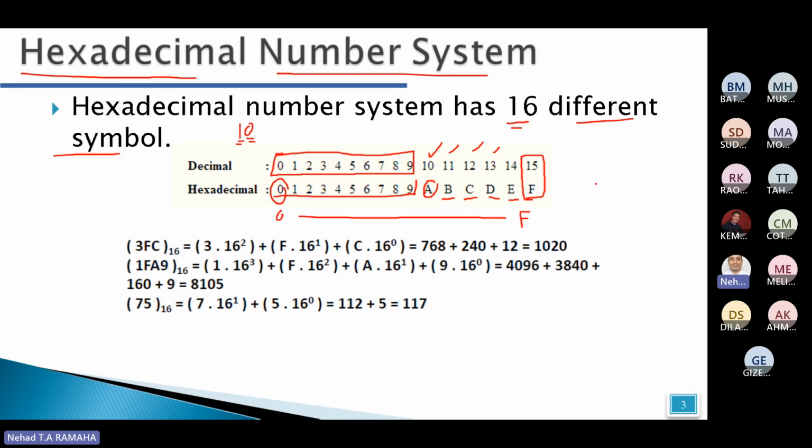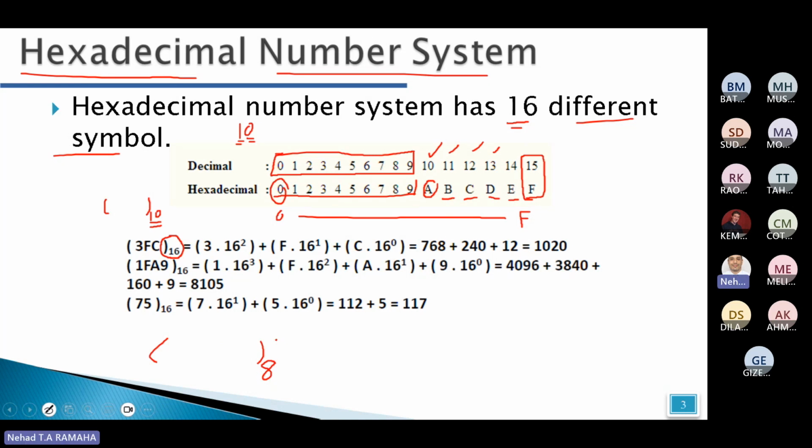So how do we know the value in the hexadecimal system? When you write it like this, it means hexadecimal. If you write the number like this, you mean our usual decimal system. We also have the octal system.